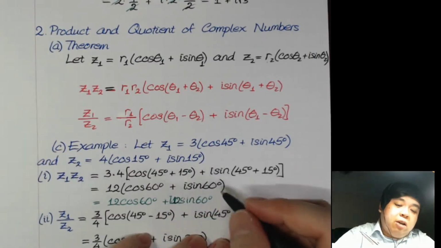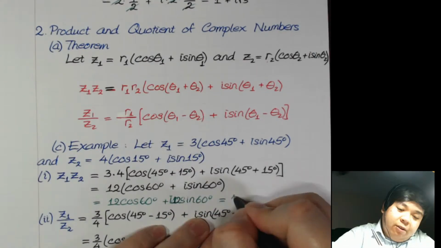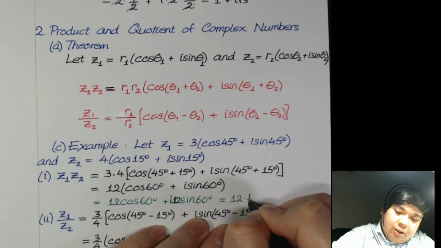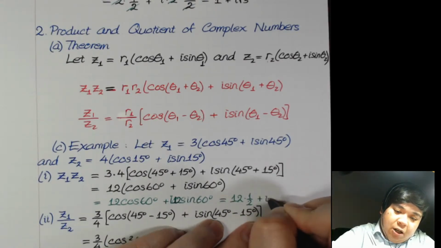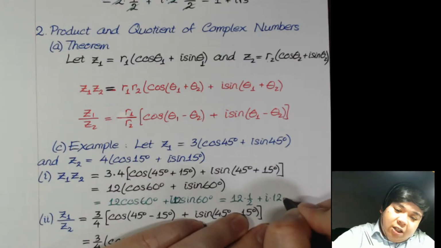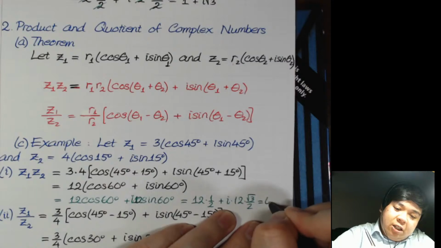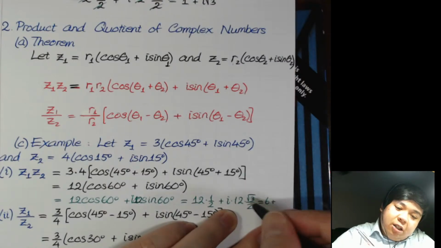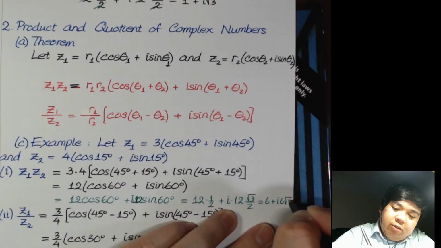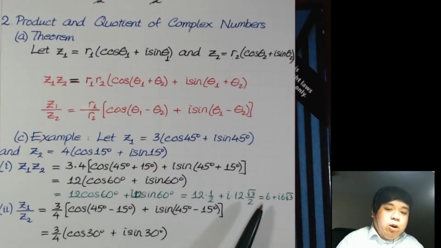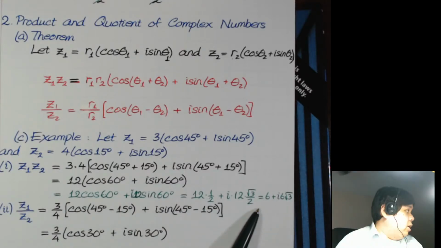Cosine of 60 degrees is 1/2, and sine 60 degrees is root 3 over 2. So we can write this as 6 plus I 6 square root of 3. So we can write that in rectangular form if we choose to.